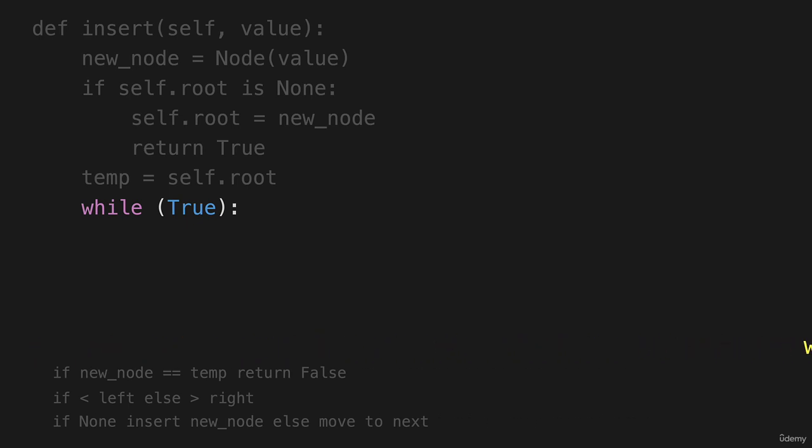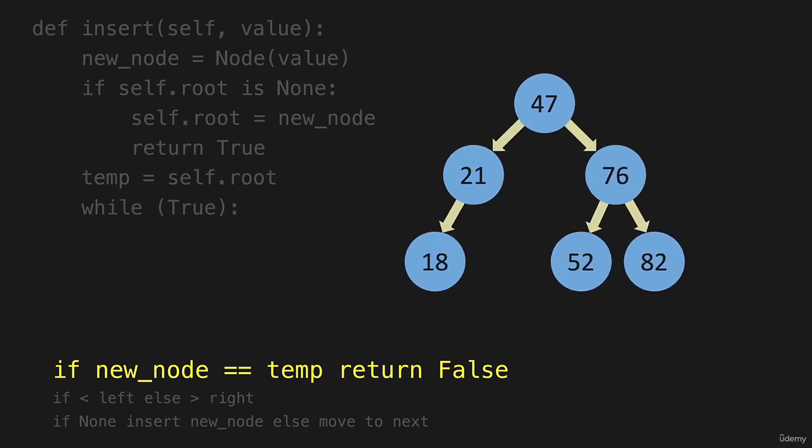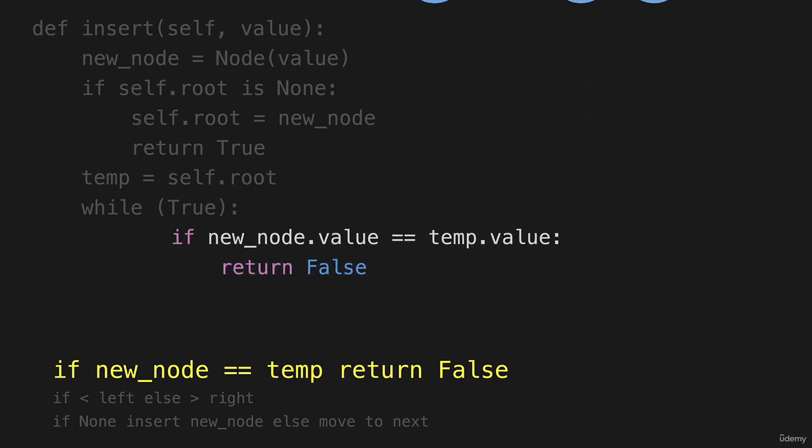So remove that. Then we'll say if new node equals temp, return false. And that is this situation where the new node is equal to another node in the tree. And if this happens at any point, we need to return false. So we'll do that like this.